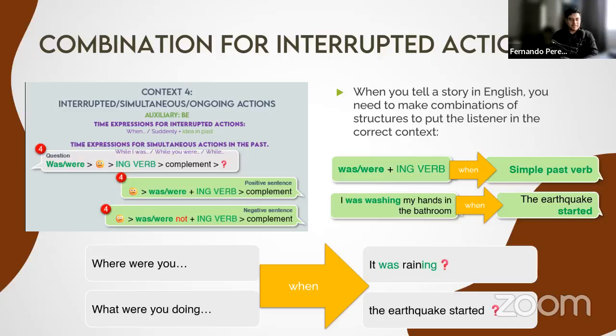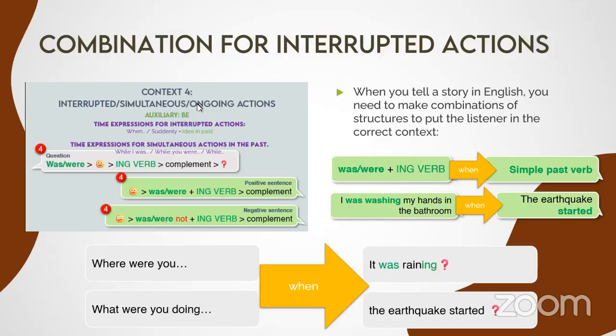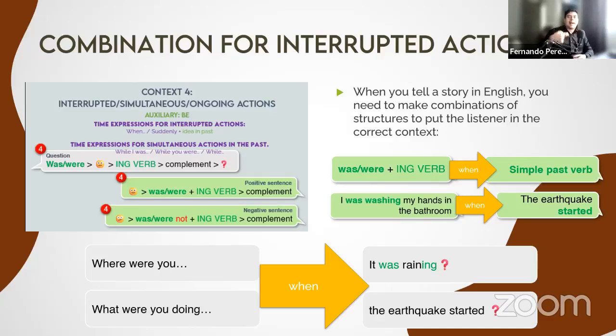Because the verb to be plus ing is used when you are talking about an interrupted action or a continuous action, something that is happening. This is a decision. This is something that happens.